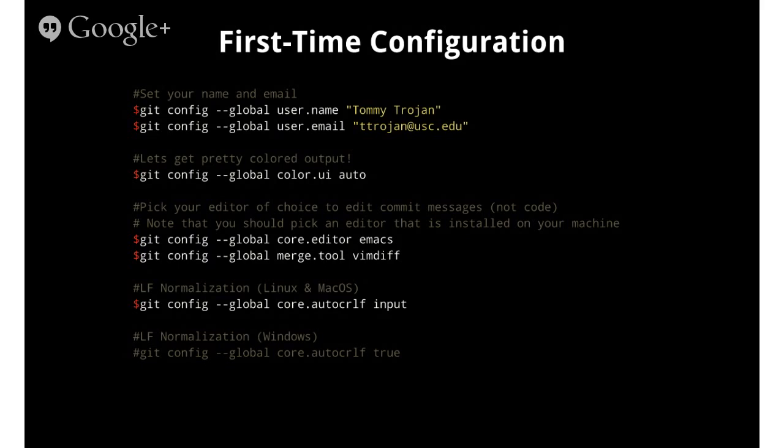If you are using Mac OS X or Linux, you use input, which essentially keeps it as is. If you're using Windows, you actually put true, which will automatically flip it for you once you commit code, and it'll flip it back once you get the code to yourself. So it'll take care of that for you. And that's neat, right? That's really awesome.